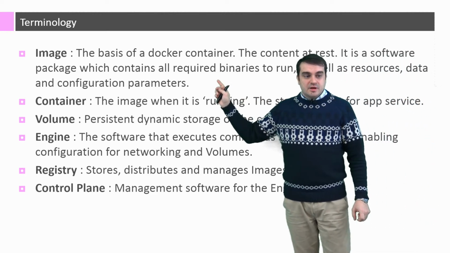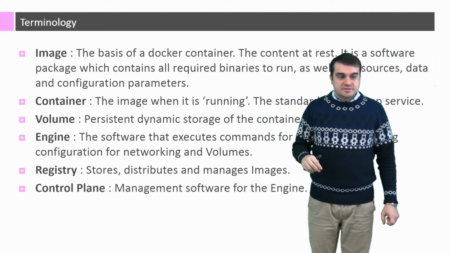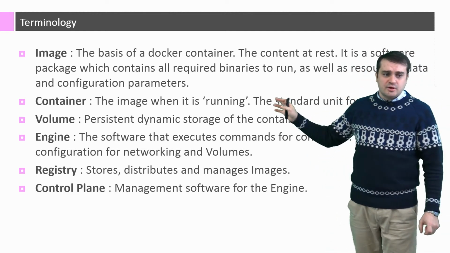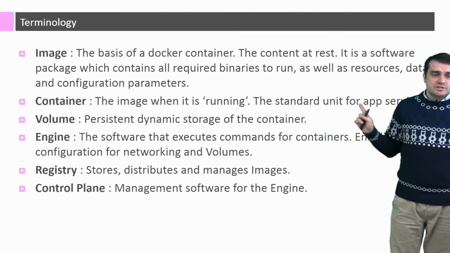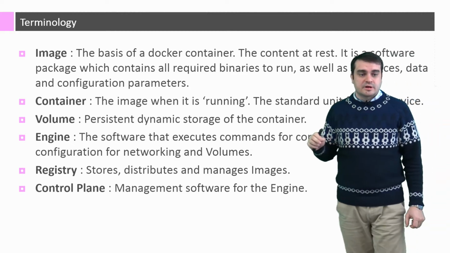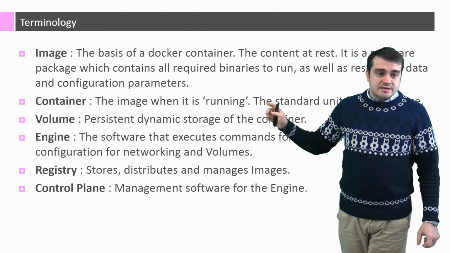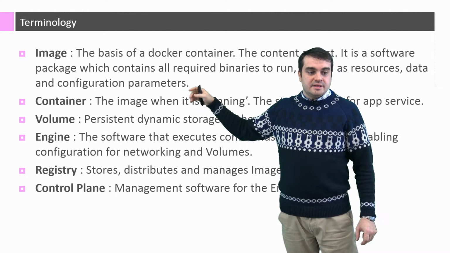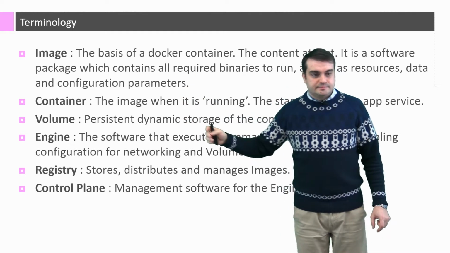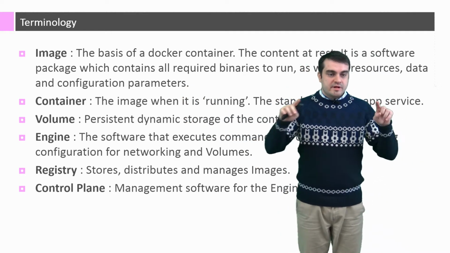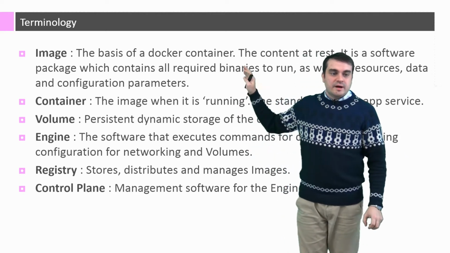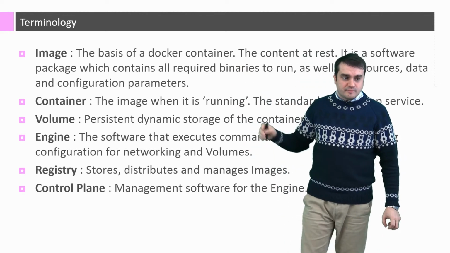It also contains configuration parameters. We will look into those configuration parameters later. A container is the standard unit for an application or a service. The container is the image when it's running. So it's its own environment which starts, initialized by the content of the image.